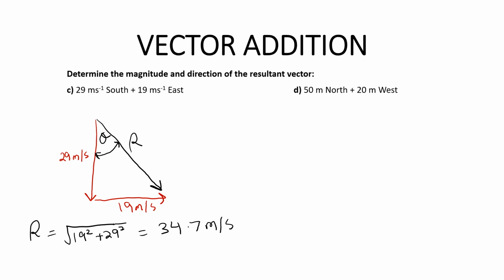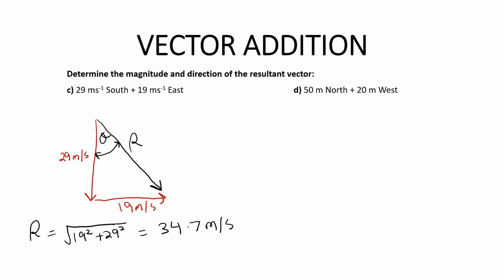So we have opposite, we have adjacent, so we can use tan ratio to find theta. So tan theta equals 19 over 29. So therefore theta equals tan inverse of 19 over 29.